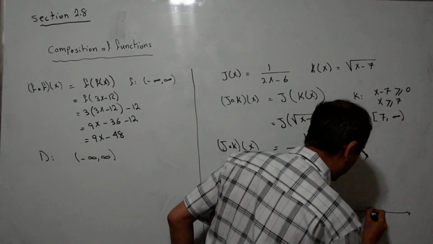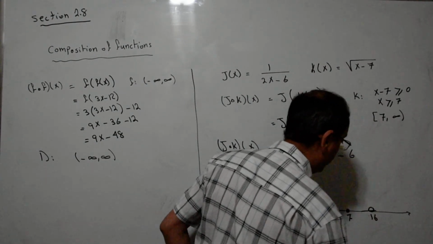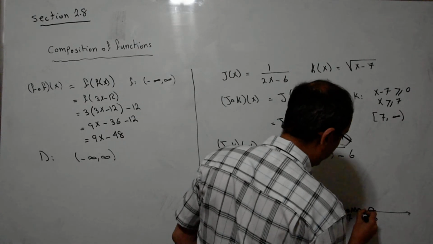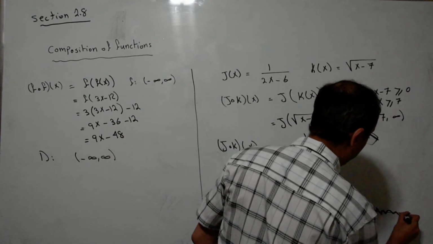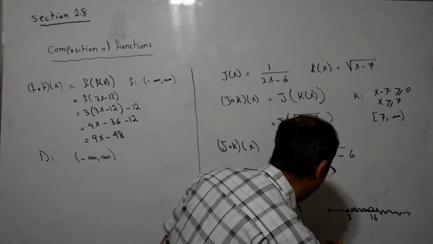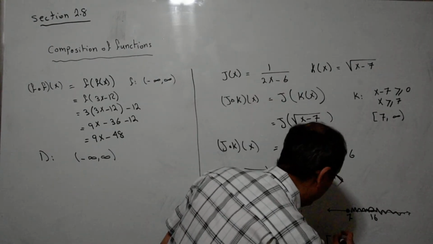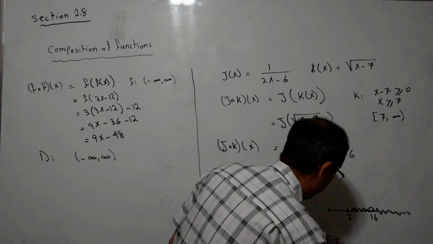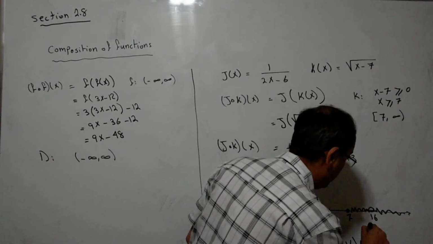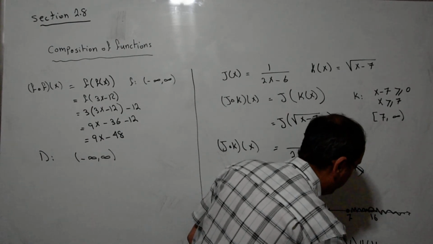So I make an open circle, and here is 16. So I have two intervals, from 7 to 16 and from 16 to infinity. So my domain is from 7, closed, to 16, open, union, 16 open, to infinity.